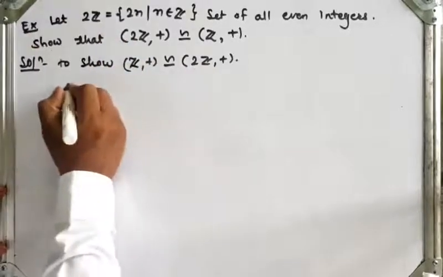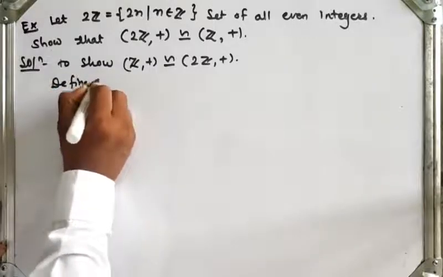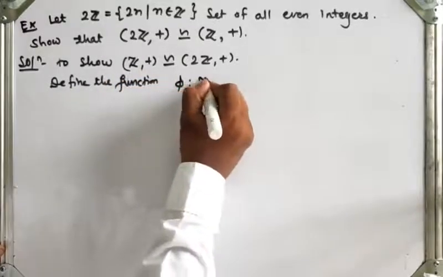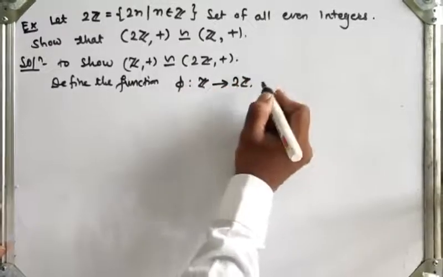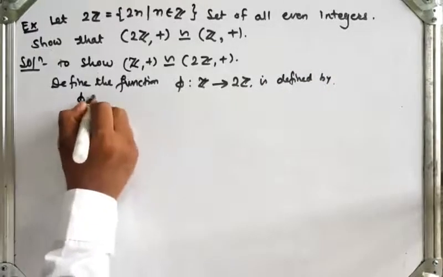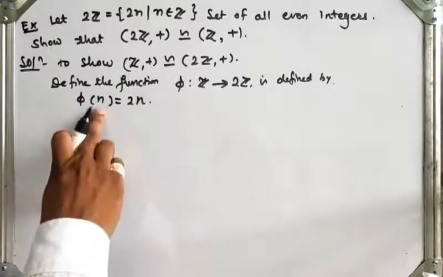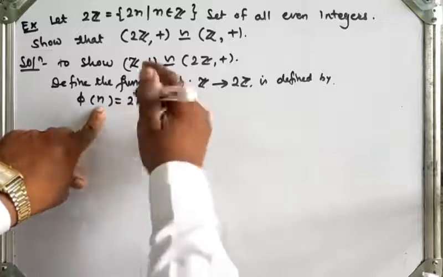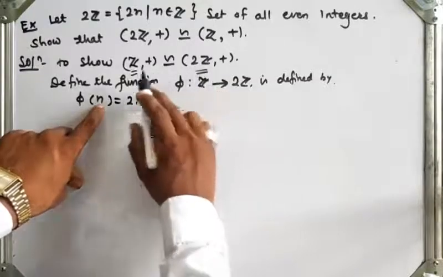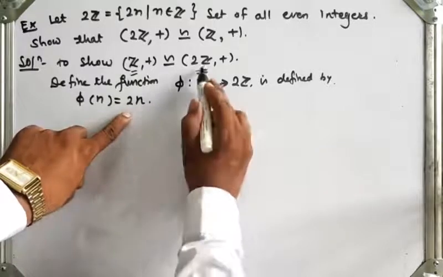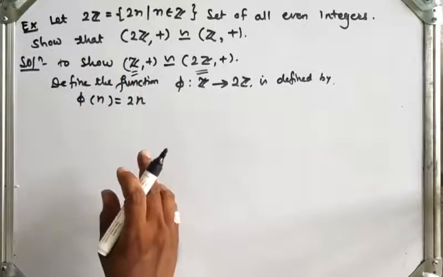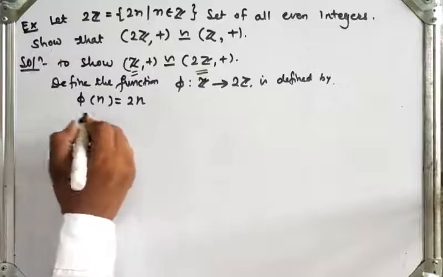So define the function phi from the set of integers to the set of even integers by phi of n is equal to 2n. Here the domain is the set of integers and the codomain is the set of even integers, so the entries are from integers and the codomain is from even integers. 2Z means even integers. We have to show this phi function is one-one, onto, and a homomorphism, so let's show these three cases.